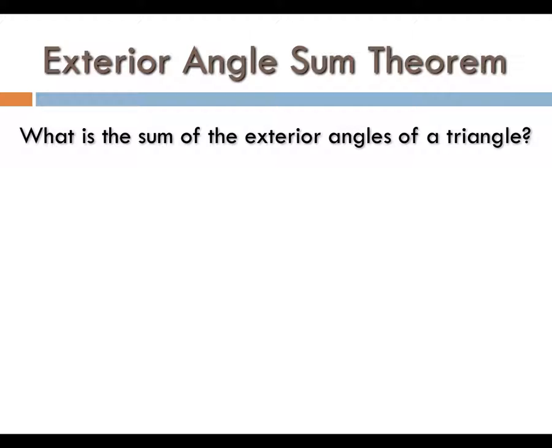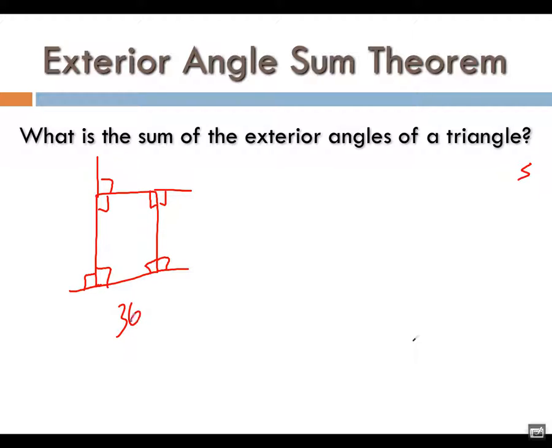Are we good here? Okay, good. So you drew a square. 90, 90, 90, 90. Exterior angle, exterior angle, exterior angle, exterior angle. 360. Any problems there? No. Good. Triangle. Exterior angle, exterior angle, exterior angle.